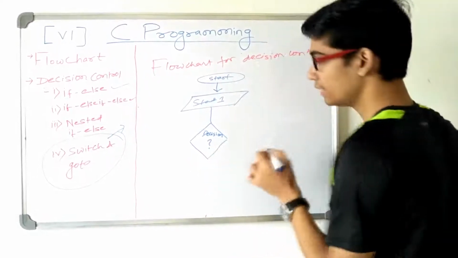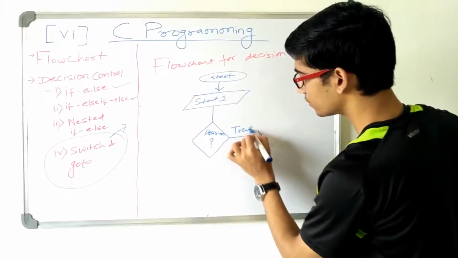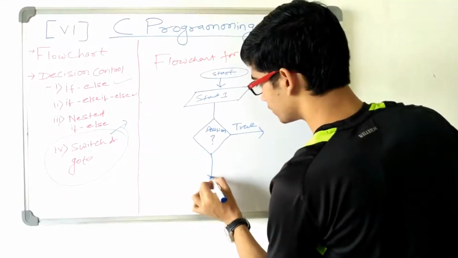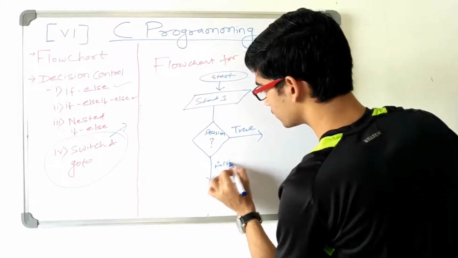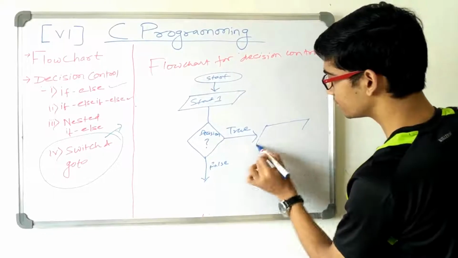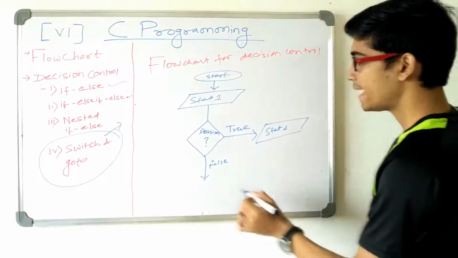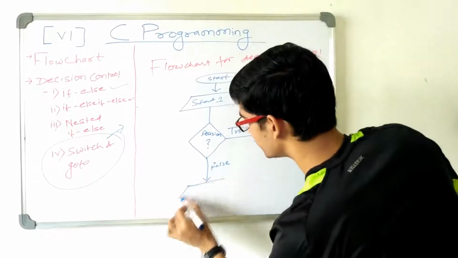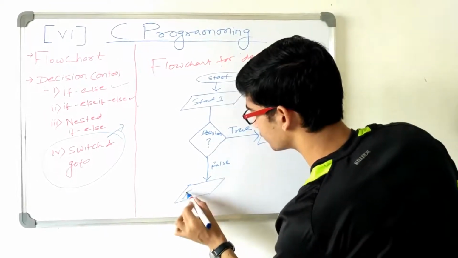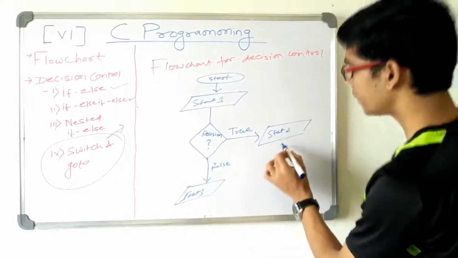Okay, what is the output? Suppose it is true and suppose it is false. So if it is true, some statement will be executed, say statement 2, and if it is false, some statement can execute. Then what will happen?